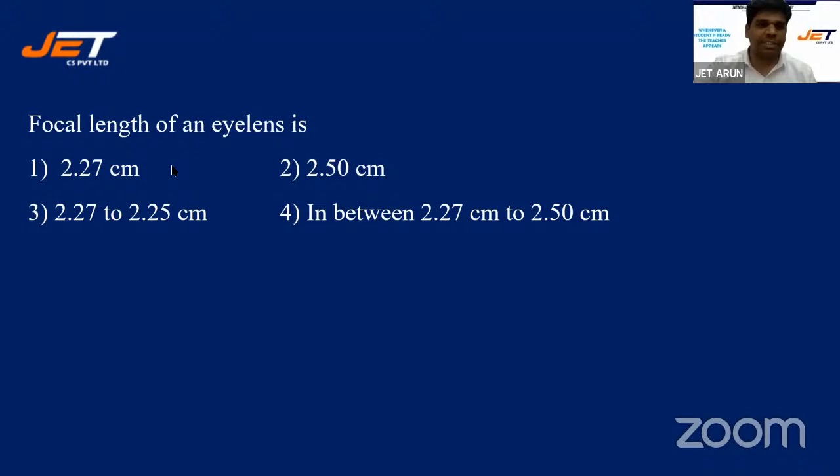Focal length of an eye lens: is it 2.27 to 2.25, or 2.27 to 2.5, in centimeters, of course.